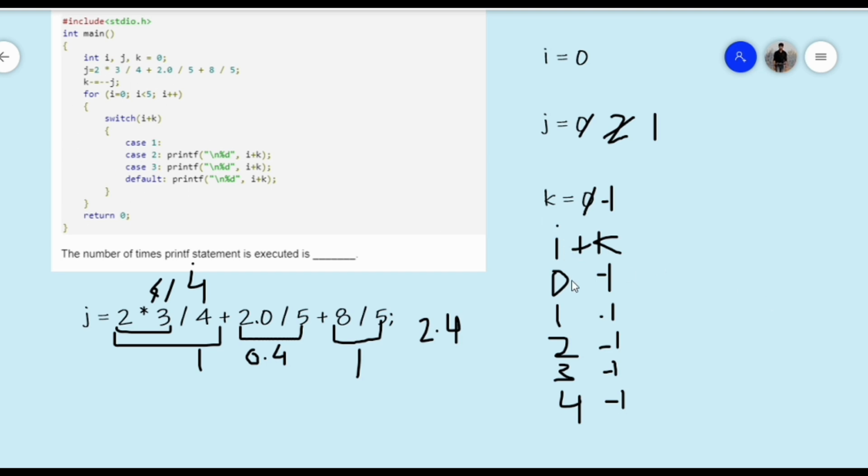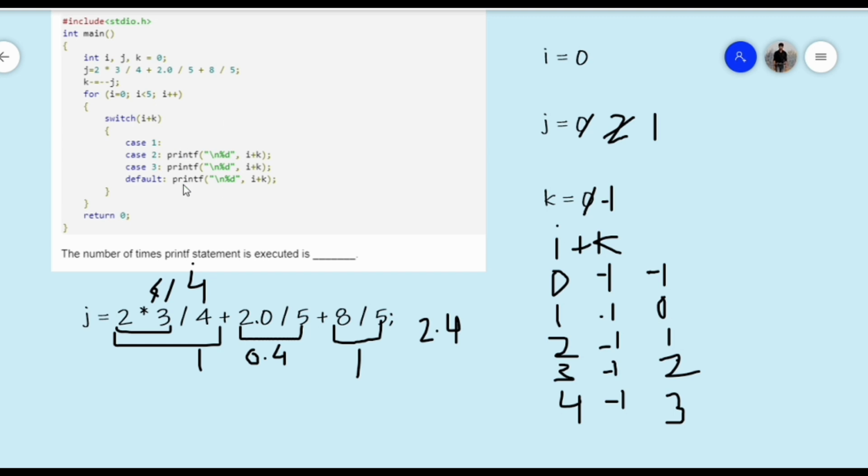So 0 plus minus 1 will be minus 1, 1 plus minus 1 will be 0, 2 minus 1 will be 1, 3 plus minus 1 will be 2, and 4 minus 1 will be 3. Whenever this i value will be 5, 5 is less than 5, the condition will be false, and we will come out of this for loop.